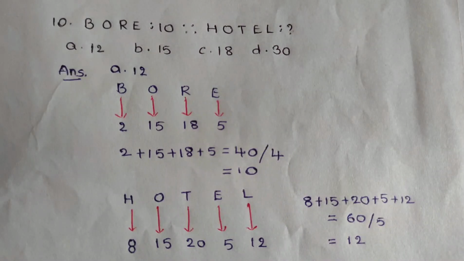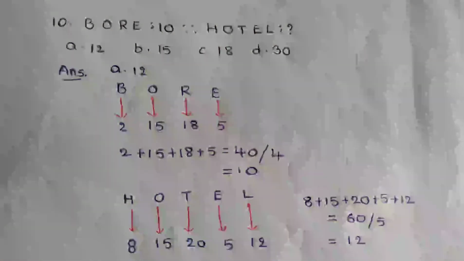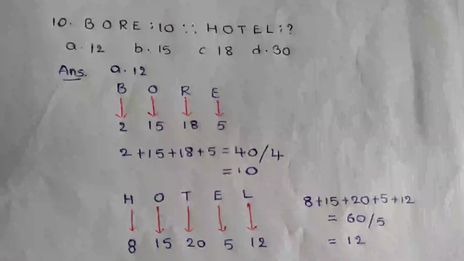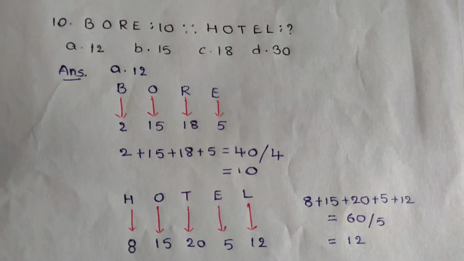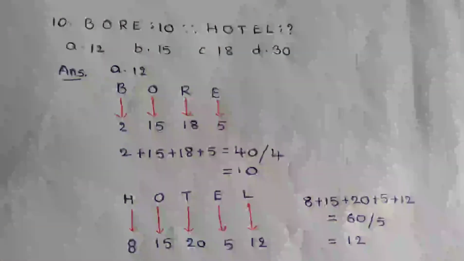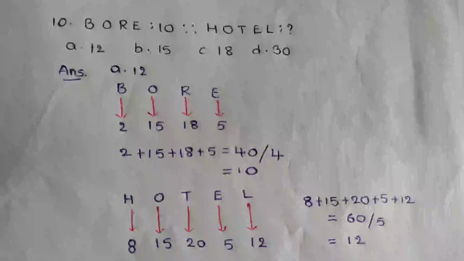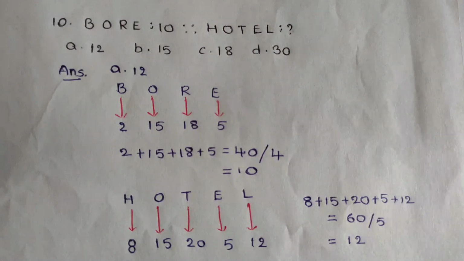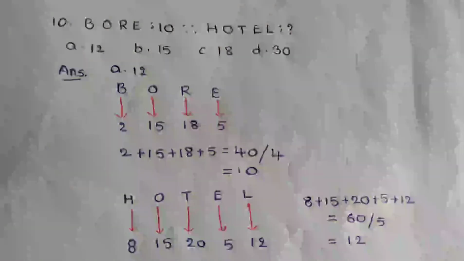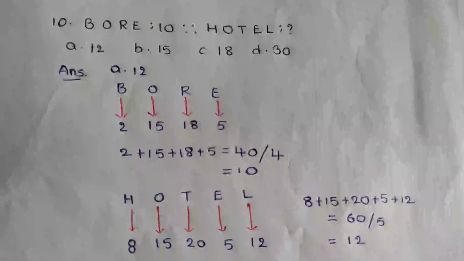So after adding all these codes, that is 2, 15, 18 and 5, we get the resultant as 40, right? But here the resultant is 10. Here we have taken 4 alphabets, and if we divide 40 by 4, the answer is 10, right? So this condition is satisfied.